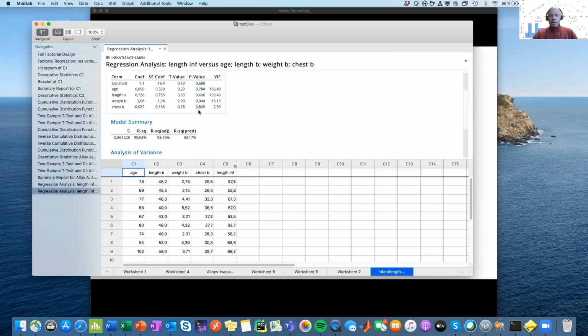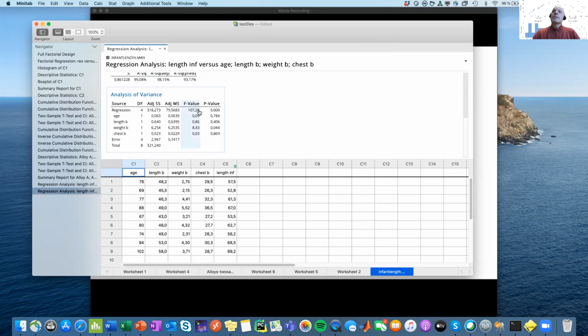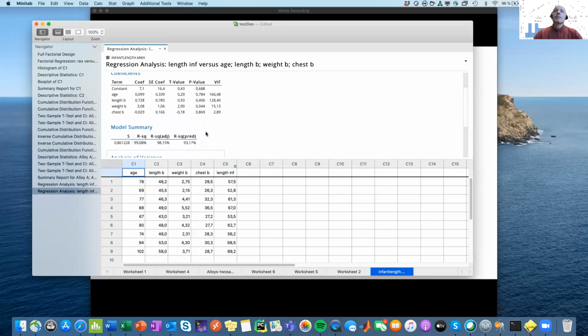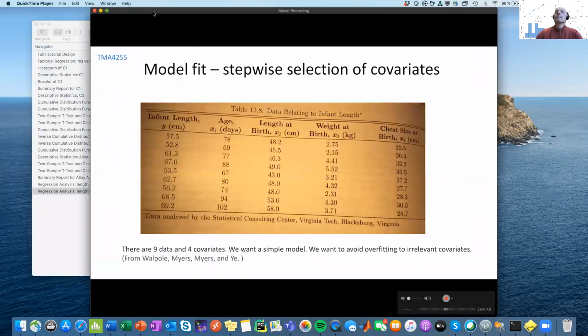You have to look at a combination of things. In the analysis of variance, this F value is huge, so clearly combined, these regression inputs, the covariates, explain a lot, and we won't use only the mean. And that's also what R squared says. We can do much better than the mean.